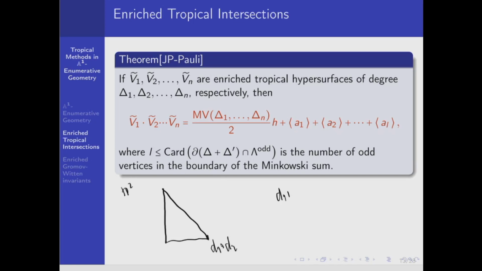Either D1 plus D2 is odd, and in this case, there are no odd points. Why? Because, what are the odd points here? The points on the boundary all have an entry 0, something 0. And then on the boundary, I can write it as D1 plus D2 minus k, m.